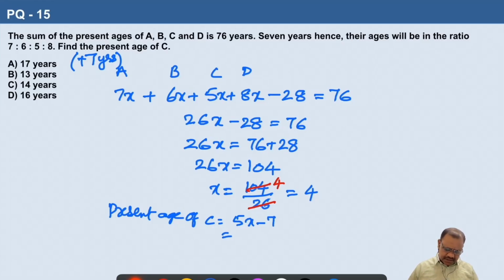So that is 5 into 4 minus 7. 5 into 4 is 20. 20 minus 7 is 13. 13 years is the present age of C. So option B is the correct answer.